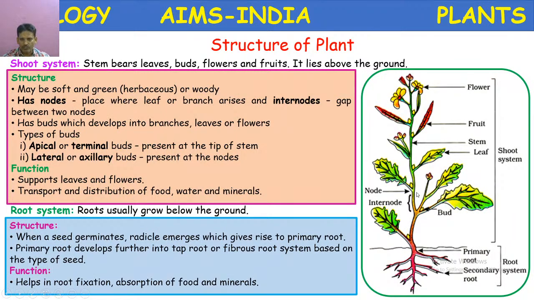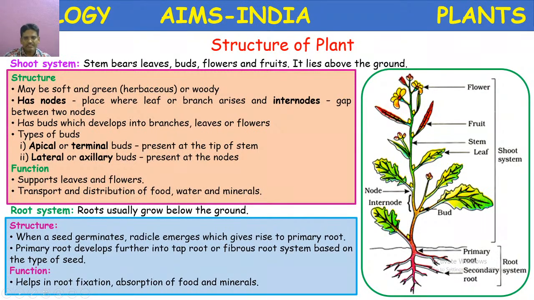Let us discuss the shoot system. This shoot system lies above the ground. In some plants, it may be soft and green. Such soft and green stemmed plants are called herbaceous plants. And in some plants, which we call trees, the stem is woody, not green.